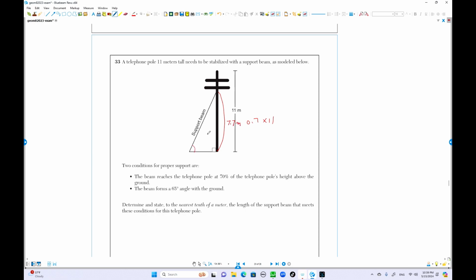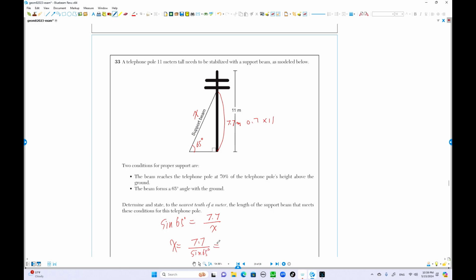So this elevation angle is 65 degrees. We're going to find the length of this support beam, x. So what do we need? Trigonometry. Sine 65 degrees equals 7.7 over hypotenuse x. So x equals 7.7 over sine 65 degrees.